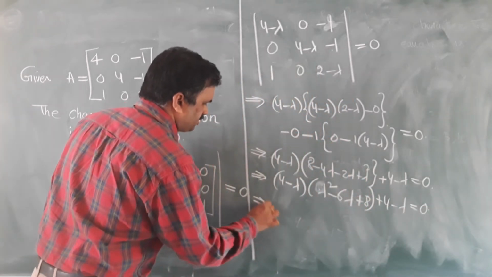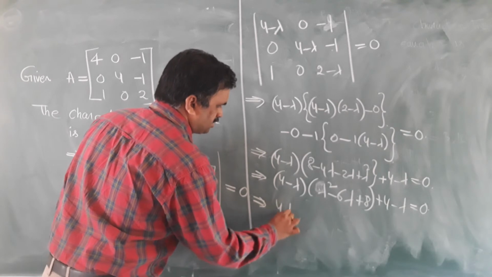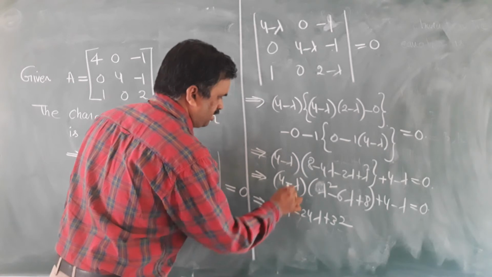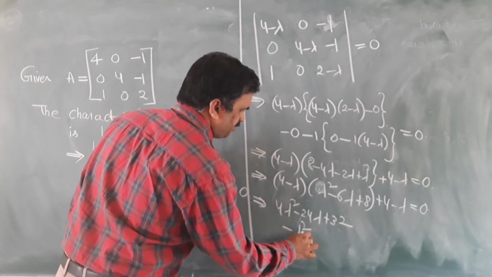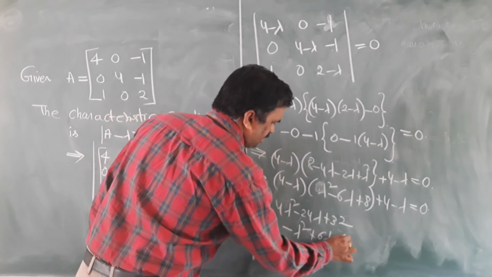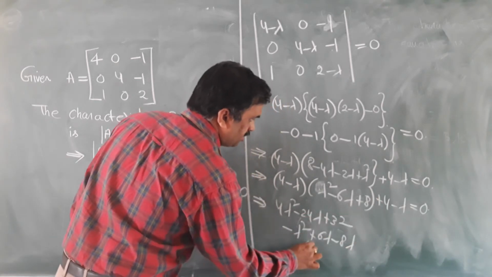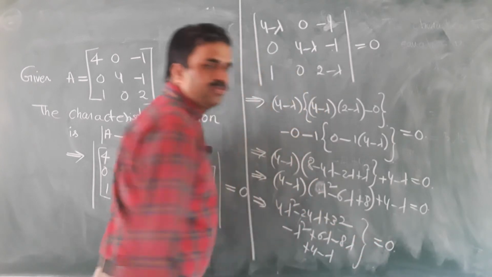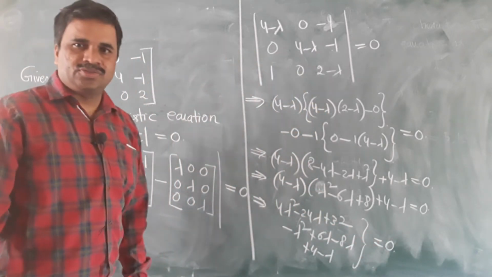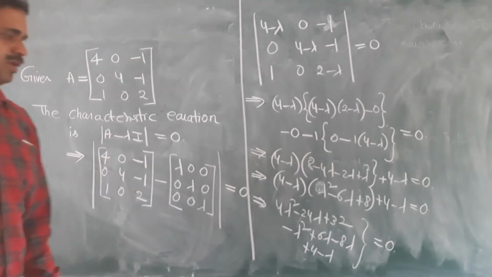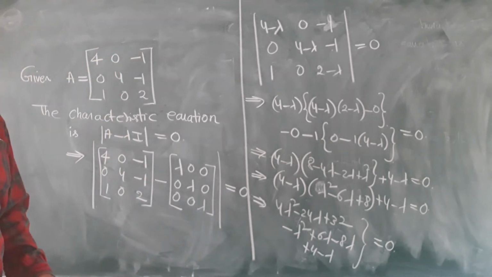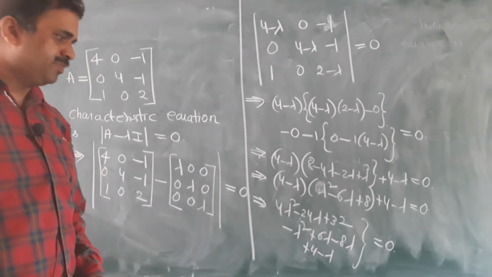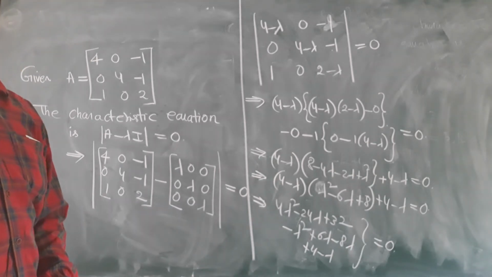Multiply 4 first: 4 lambda square minus 24 lambda plus 32, and again minus lambda cube plus 6 lambda square minus 8 lambda, plus 4 minus lambda equal to 0.